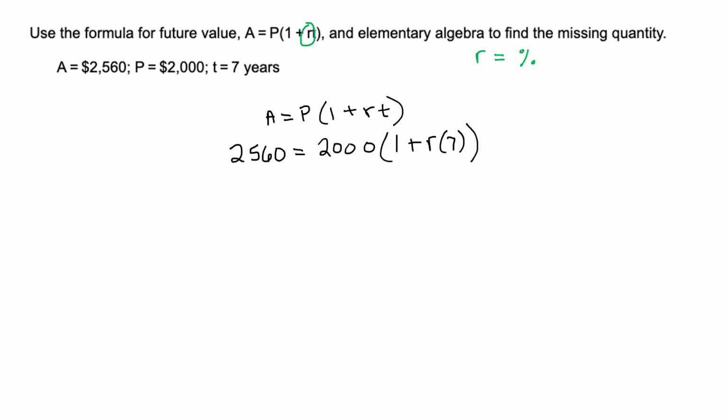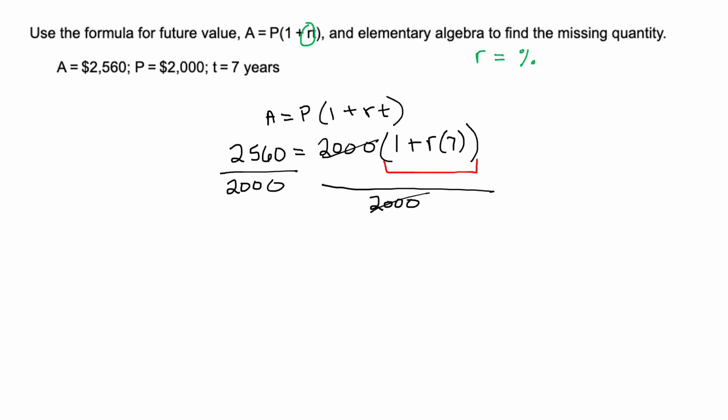So what we have to do is first get the parentheses, this expression by itself. Right now, we have a 2,000 being multiplied to that. So we're going to do the opposite operation and divide each side by 2,000. The 2,000s cancel on the top and bottom on the right side of the equation.